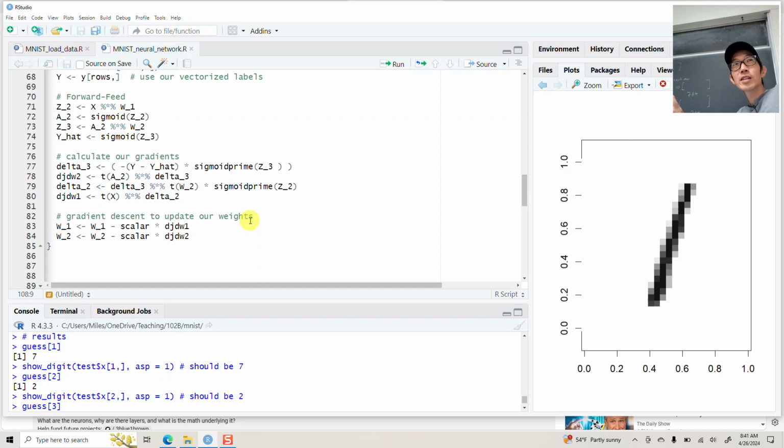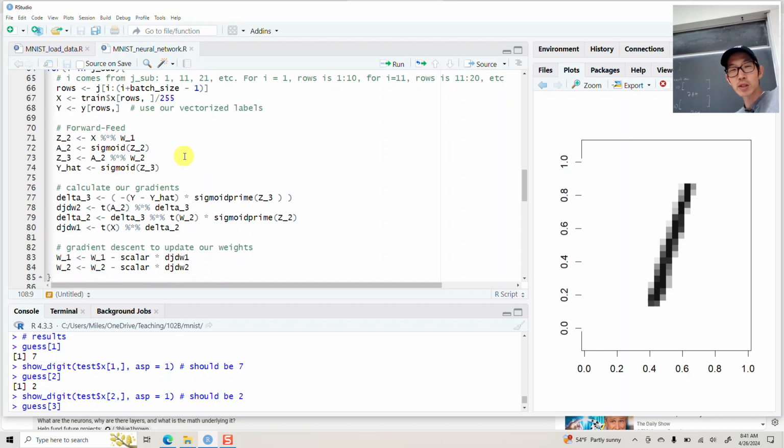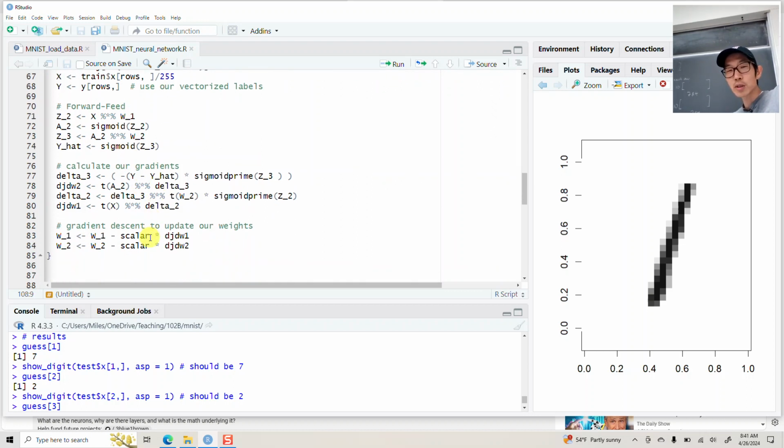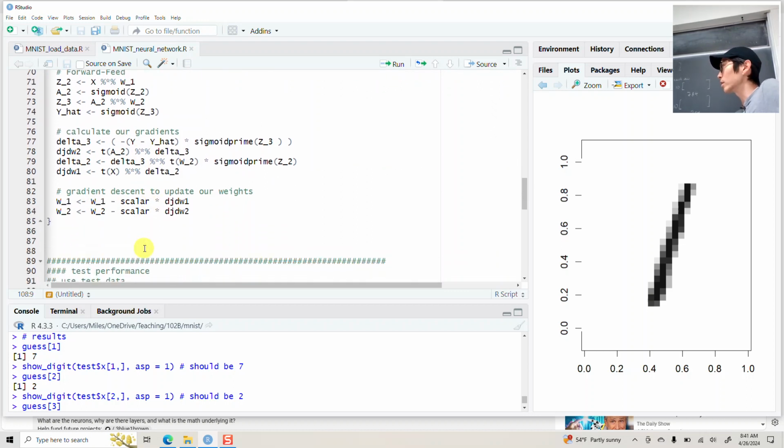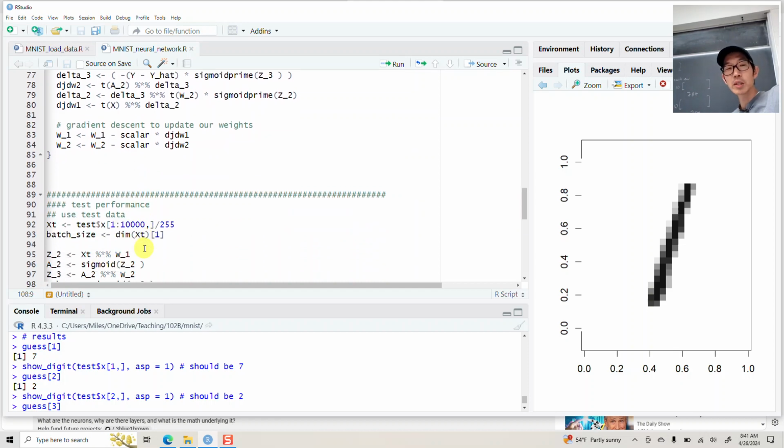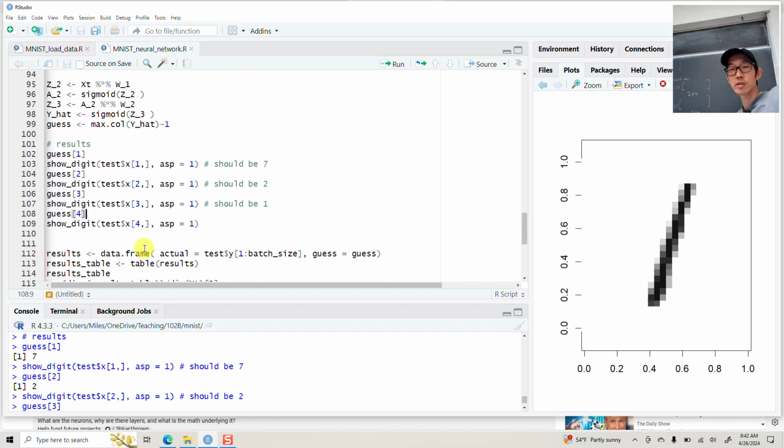And we said, we need to figure out the best W's to use. How are we going to figure out the best W's to use? We're going to do gradient descent. How do we do gradient descent? We calculate the gradient and subtract that off from wherever we're currently located and just do that a whole bunch of times, which is exactly what we did here. We figured out how to calculate the gradients and then we updated our values. And we just said, do that a whole bunch of times. And we did it, and now we have a trained neural network.